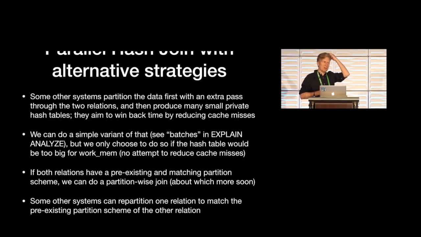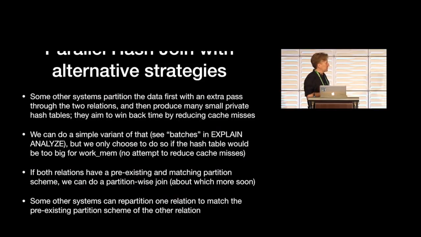There's some recent academic work comparing those two approaches, but we actually do some kind of partitioning up front if we have to, because we run out of memory because of your workmem limits. But we're not trying to do that in a cache-aware way that actually makes it fast. We're just trying to do that because otherwise we can't possibly use the hash join because we haven't got enough memory because you didn't set workmem high enough or something like that.